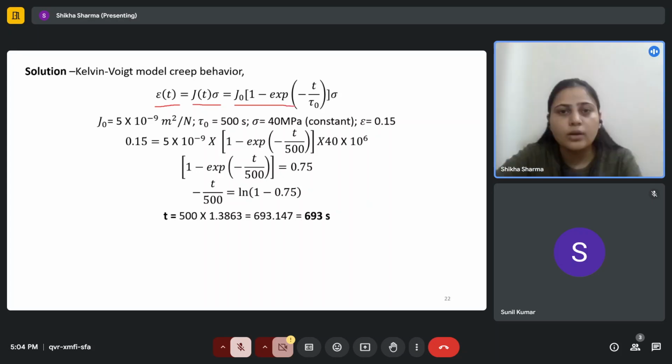In the question, the creep compliance at 0 time, or the initial, multiplied by 1 minus exponential minus t by tau, where t means time and tau is the relaxation time, multiplied by sigma, right?